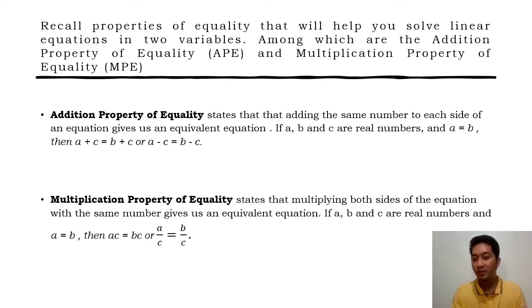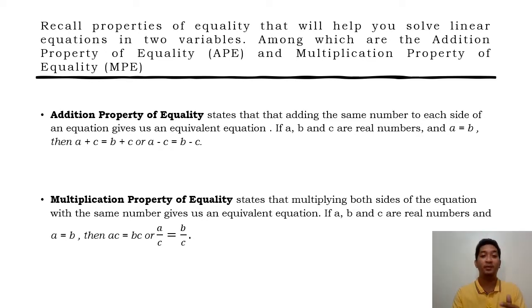So before going with the topic, which is changing the linear equations from standard form to slope-intercept form and vice versa, it will be important for us to again recall the properties of equality, which was introduced to you when you were in grade 7. These properties are very important and very vital in understanding algebra from grade 8 up to the higher mathematics.